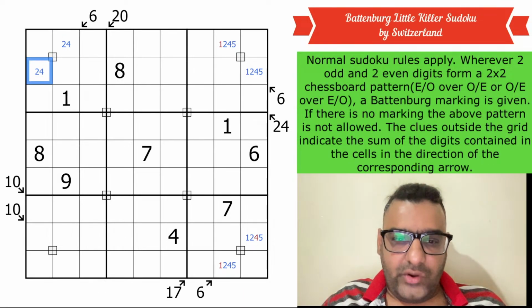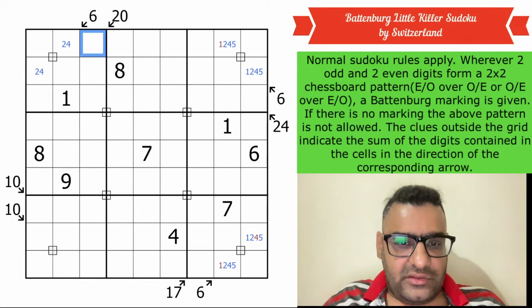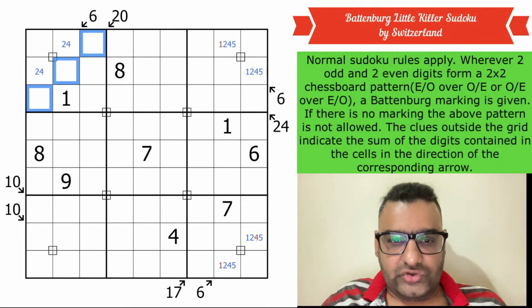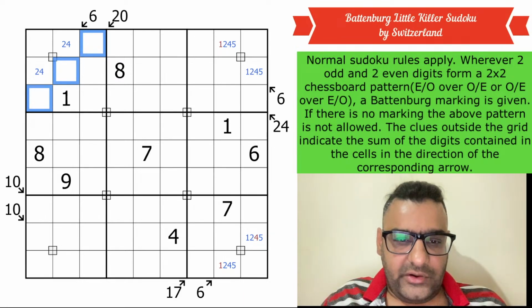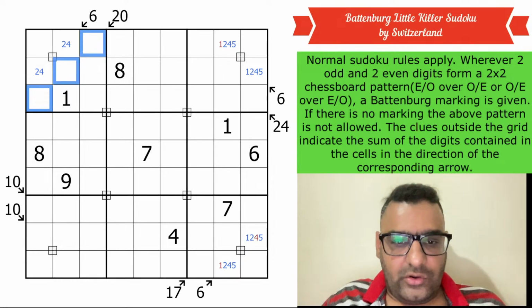Now let's get 20. How many digits, if we do the sum, go to 20? We already know that this middle number is already an odd number, and it should be 9.